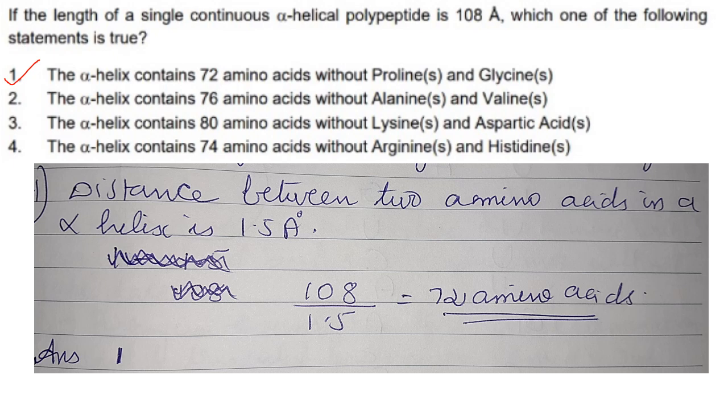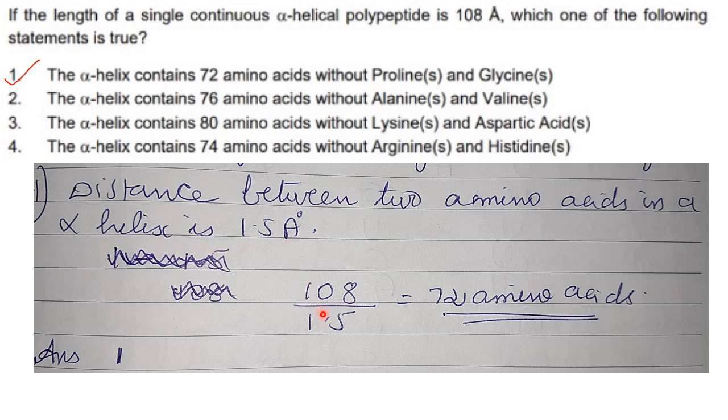Coming to the first question, if the length of a single continuous alpha helical polypeptide is 108 angstrom, which of the following statement is true? The distance between two amino acids in an alpha helix is 1.5 angstrom.